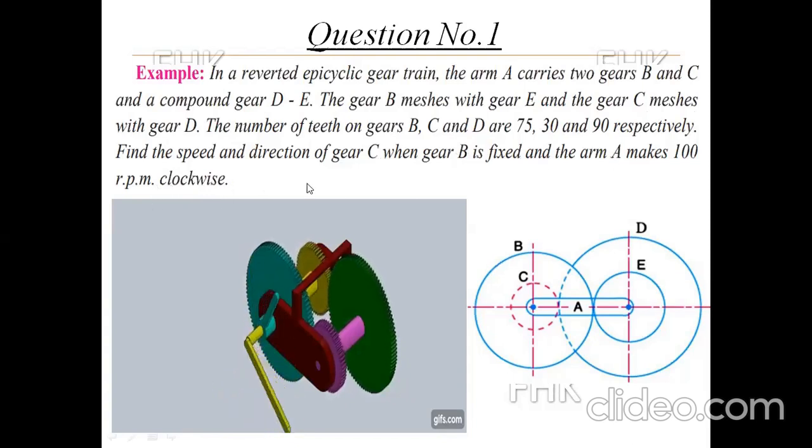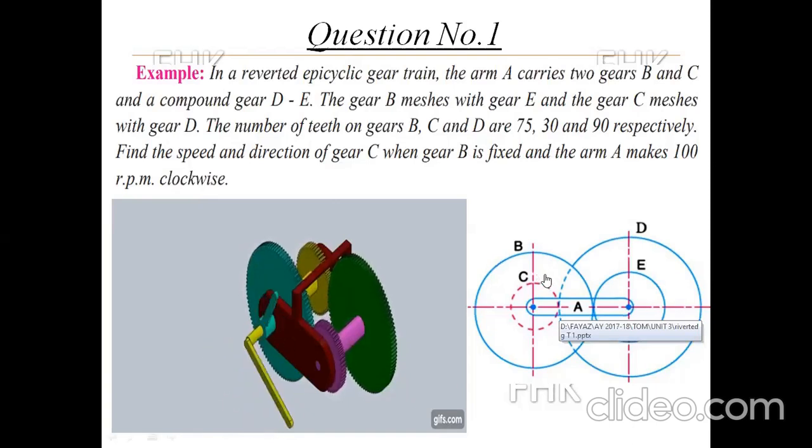per minute clockwise. Before starting to solve the numerical, first of all, we have to clearly understand what a reverted epicyclic gear train is.